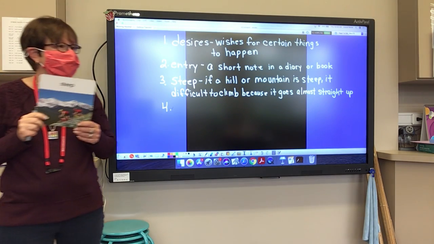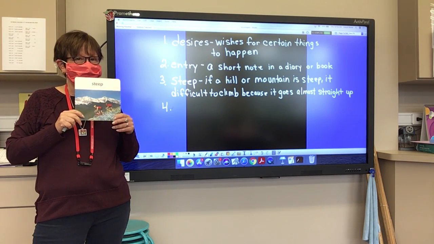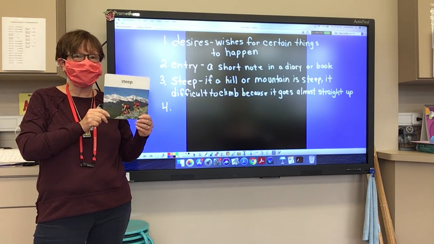You're going to have to write small. Steep. Everybody knows what steep looks like because we've all seen it, right?